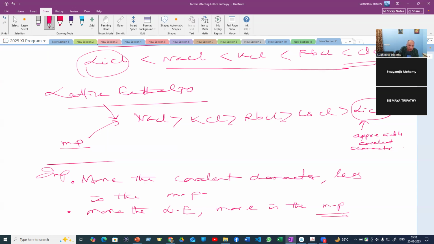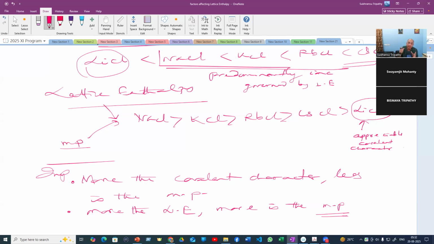Sodium chloride relatively has more covalent character than the others, but its melting point is the highest, not the lower melting point. So these, which are predominantly ionic, are governed only by lattice enthalpy. The polarization effect is negligible and will not be used to determine the melting point trend.